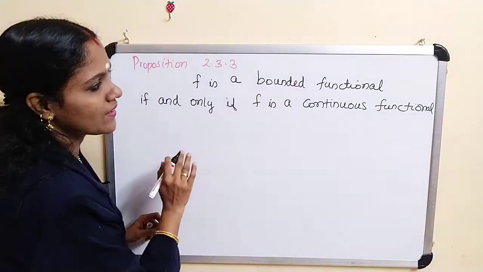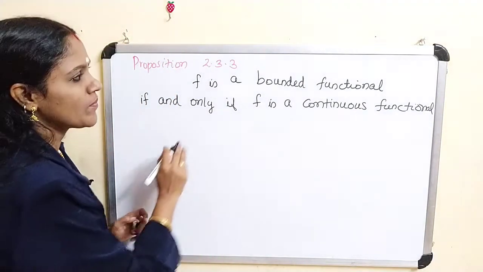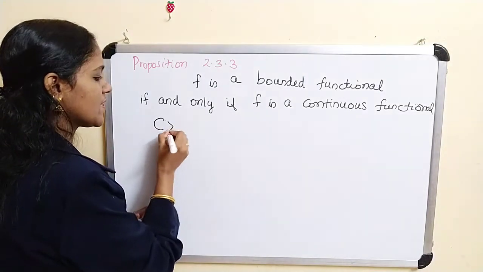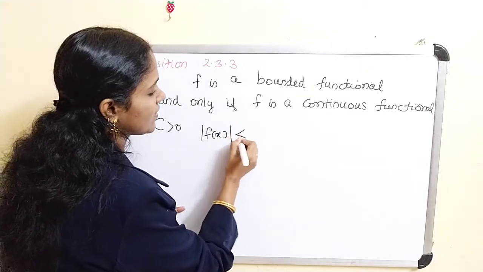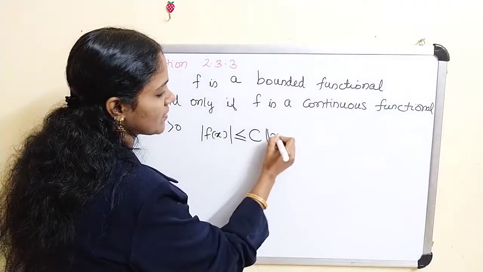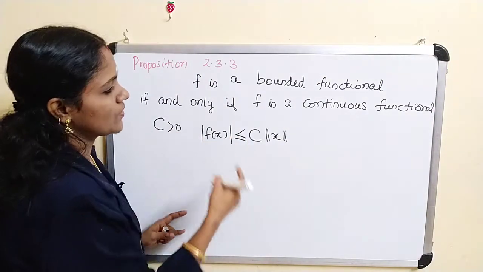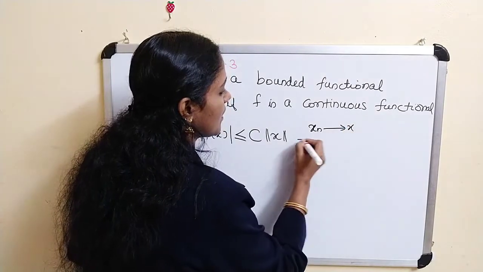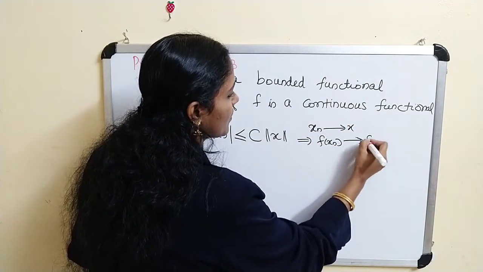Suppose that f is a bounded functional. Okay, so f is a bounded functional means there exists a c greater than 0 such that modulus of f of x is less than or equal to c into norm of x. Okay, and to prove f is a continuous function, it is enough to prove xn converges to x implies f of xn converges to f of x.